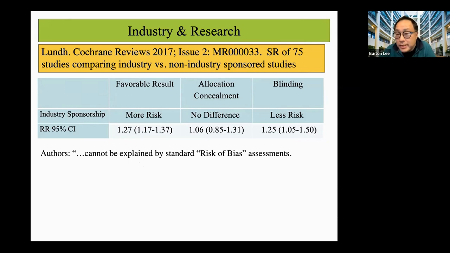The people who say that say it's not really fair to penalize a study just because a drug company sponsored it. You can't just automatically say that's a bad study. And there is some merit in that. But others say you have to think about the funding source, because if you look at the traditional measures of quality, like blinding and allocation concealment, industry has more money to spend, so they will make a better trial in that sense.